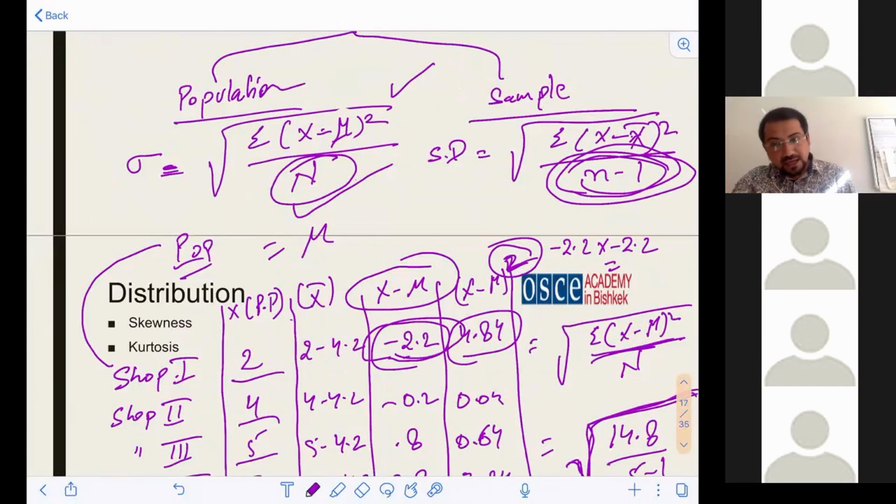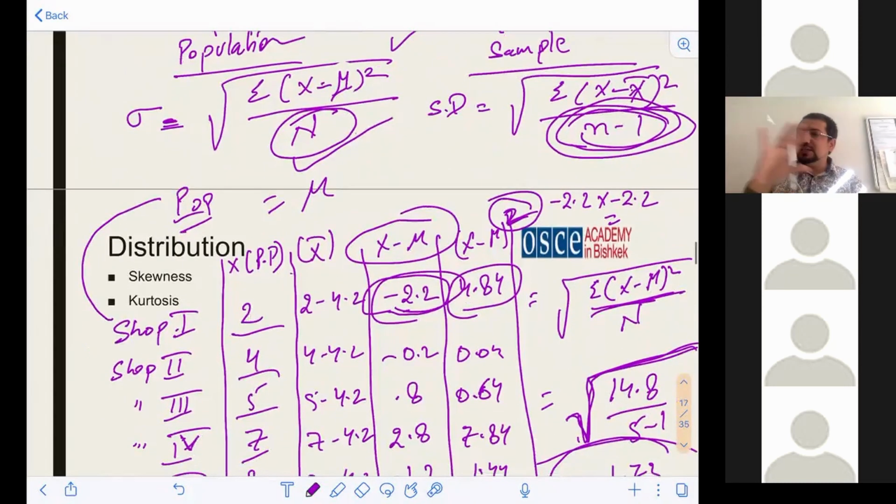Again we will be covering this later, because it is about biased or unbiased data, which we haven't covered yet. So when it's a sample standard deviation, you remember always n minus 1. When it is population standard deviation, always capital N. Clear or not clear?